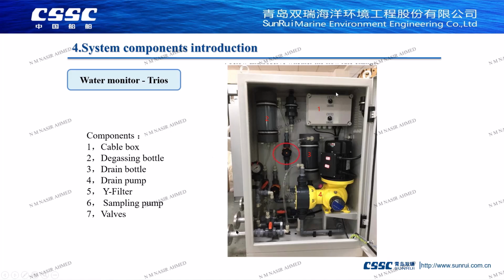When seawater is sampled, it goes through the sampling pump and then to the bubble remover. The bubble remover removes excess air bubbles from the water. The discharged water sample enters the analysis tank on our right side through the pipeline.